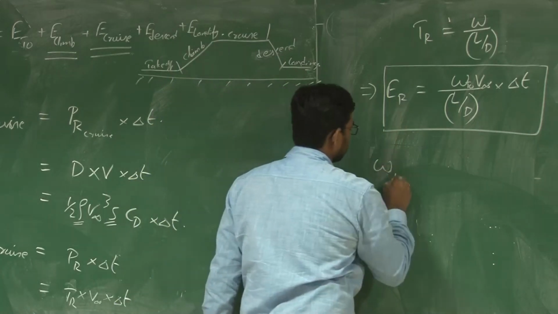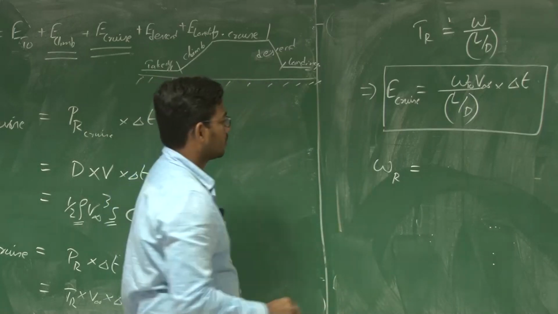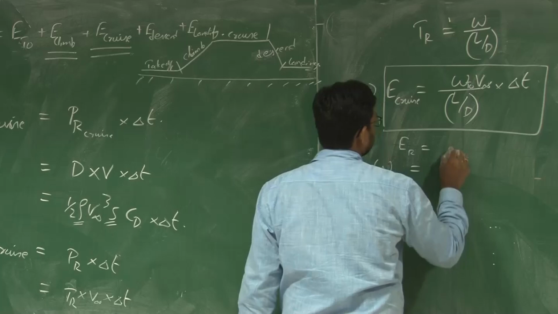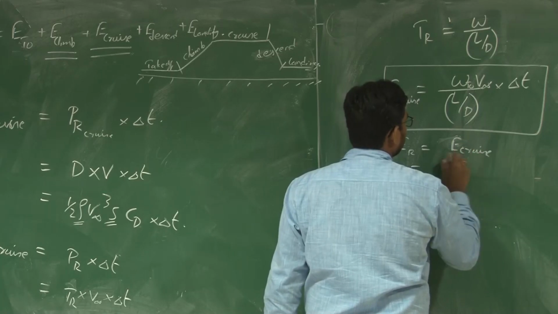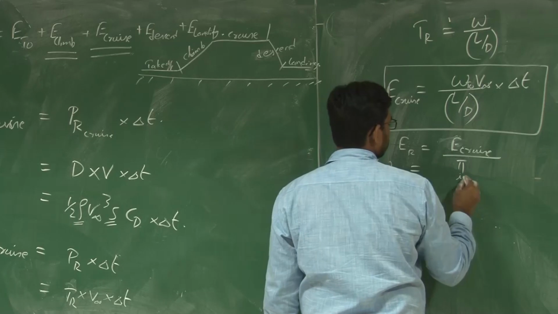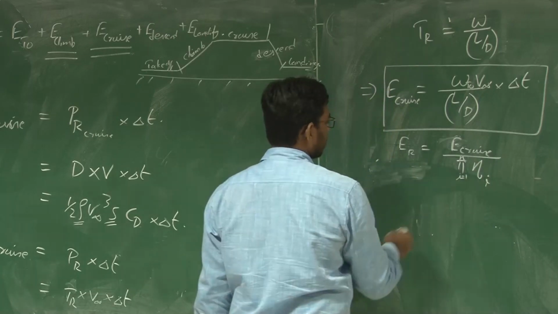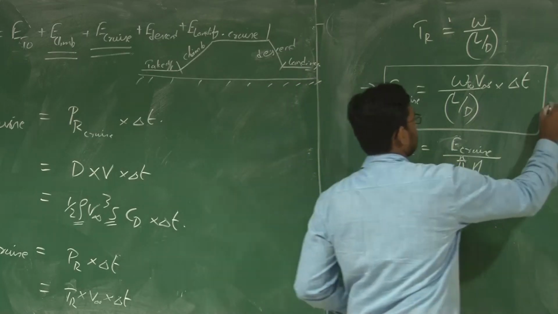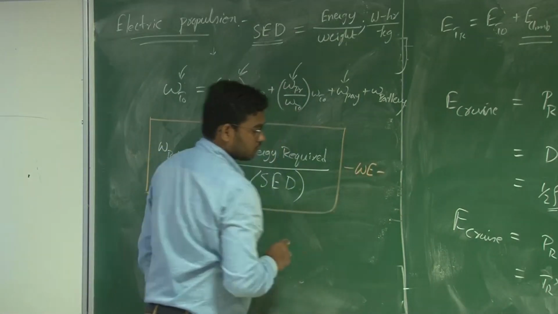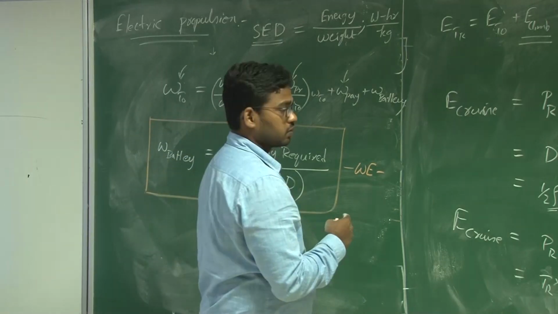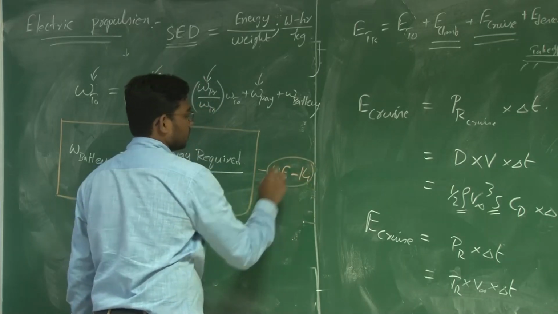The energy required is equal to the energy for cruise divided by the efficiencies, eta I, whatever efficiencies you want to consider here. This is our WE 14 and WE 15.